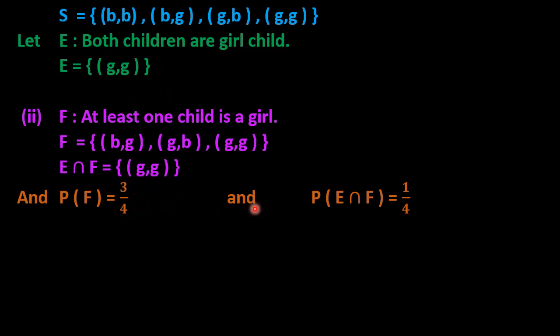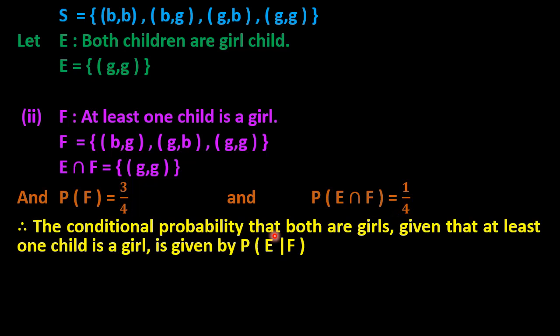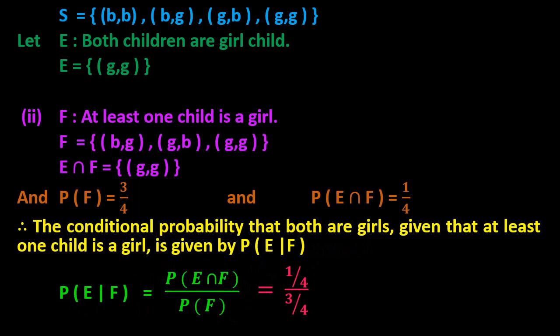And similarly, we find P E intersection F equals to 1 by 4. Therefore, the conditional probability that both are girls given that at least one child is a girl is given by P E intersection F divided by P F, and this is the formula. And after replacing the value here, and after simplification, we will get 1 by 3.